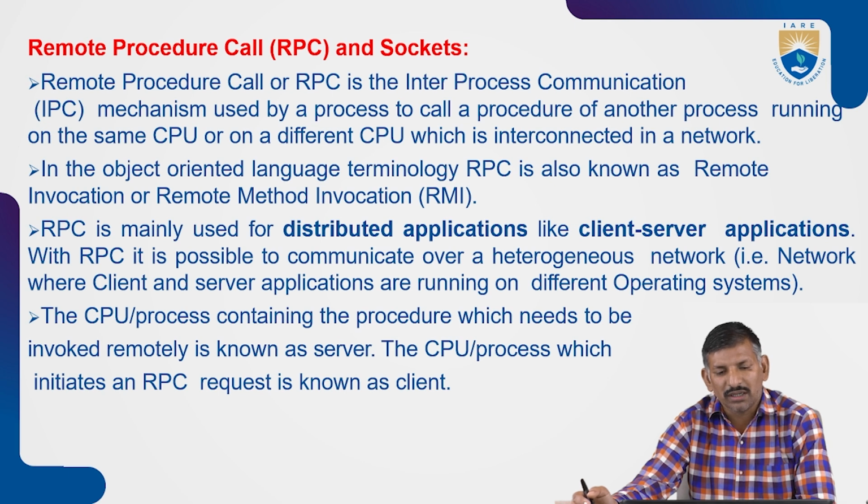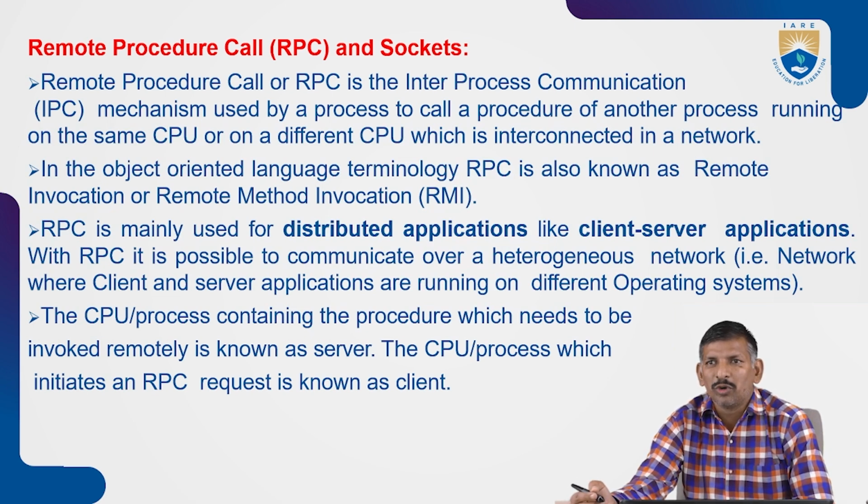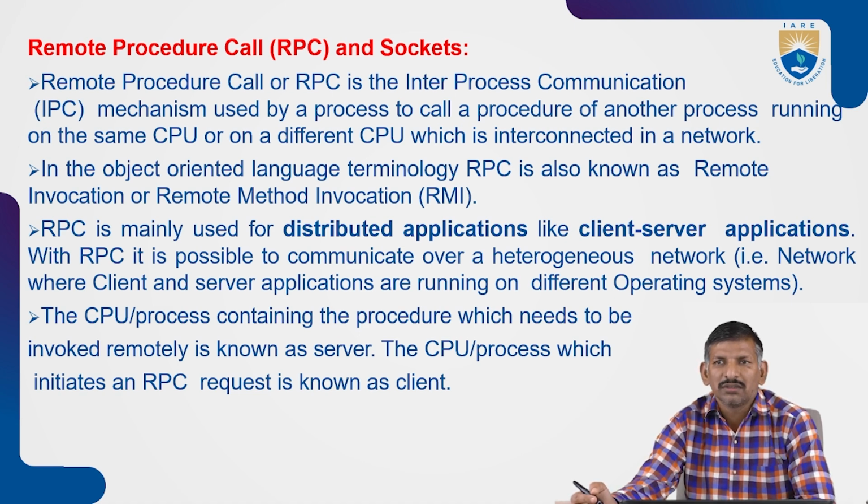This procedure is called remote invocation. Means we are calling procedures or functions, some requirements, from a remote location. So we can access Hotstar or different apps from a remote location based on our requirement.